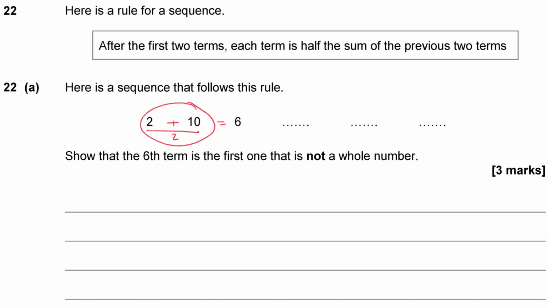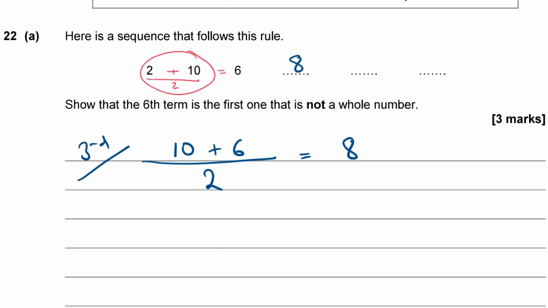So we can see that when we add 2 plus 10, we get 12, divided by 2 is 6. Then our next number is going to be 10 plus 6, which is 16, divided by 2 is 8. That's our fourth number, isn't it?